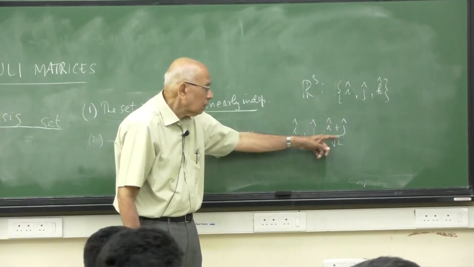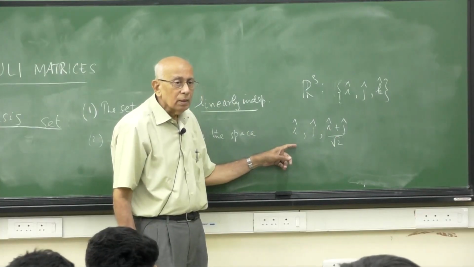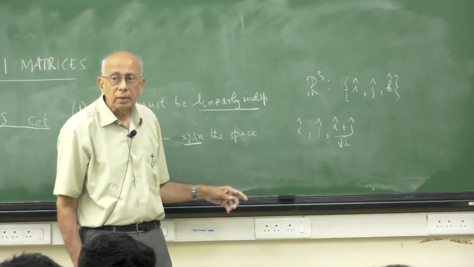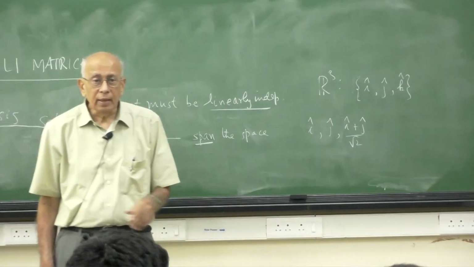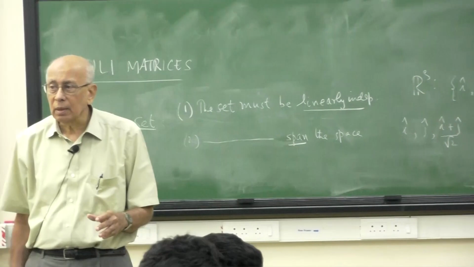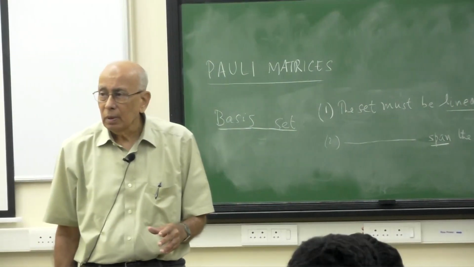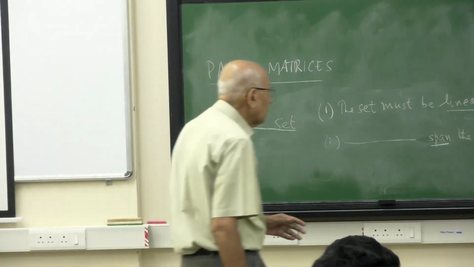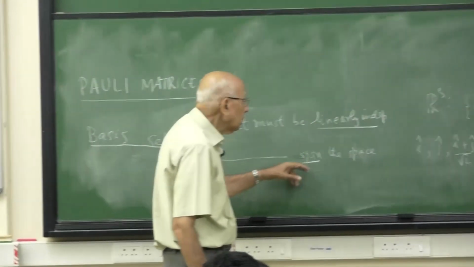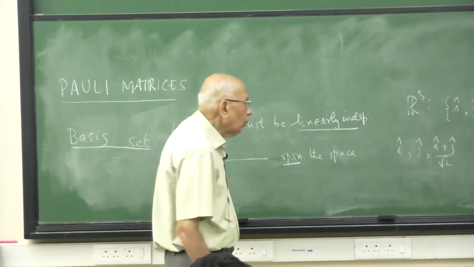No, because this one is written as a combination of these two. Do they span the space? No, because nothing along the z direction is written in terms of these two. So certainly this is not a basis. They satisfy neither linear independence nor spanning the space. How about this?